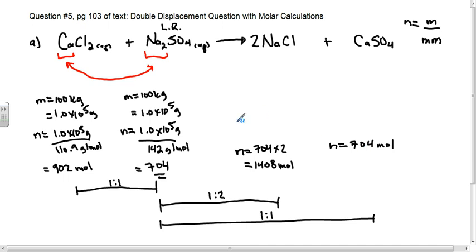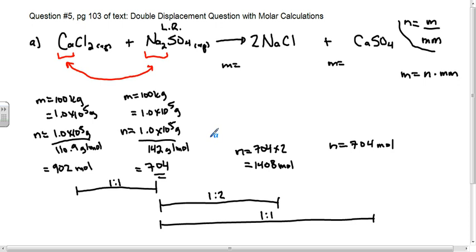So now we need to figure out the mass. In the end, we want to determine what the mass of each of these products is. In order to do that, we need to take this formula and manipulate it so that mass is equal to number of moles times molar mass.